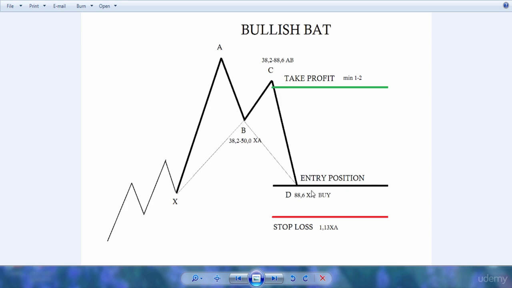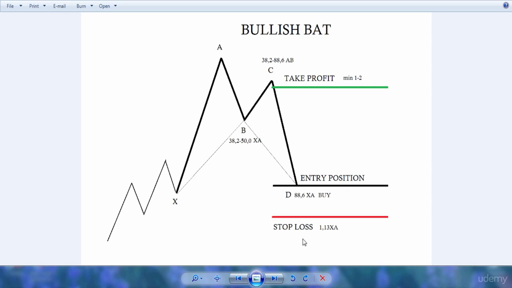And point D is located at a lower level compared to the previous pattern. Entering the position is now made at the 88.6% Fibo retracement of wave XA.